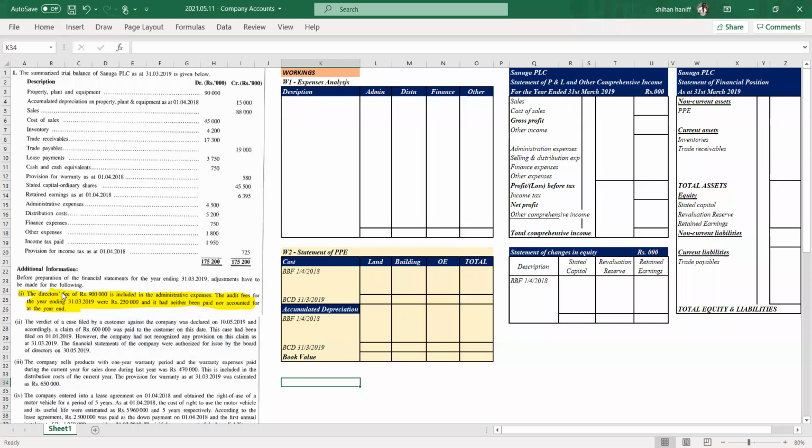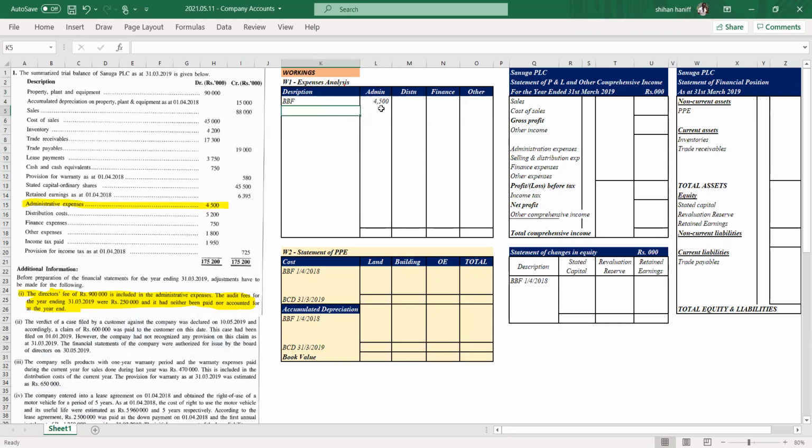Right, so this is about the administration expense. If you check the trial balance, you can see there is an administration expense of 4,500. So let me take this administration expense as the balance brought forward, 4,500.